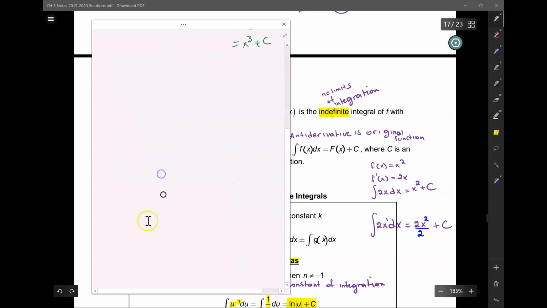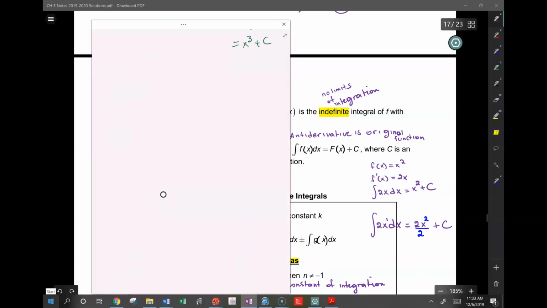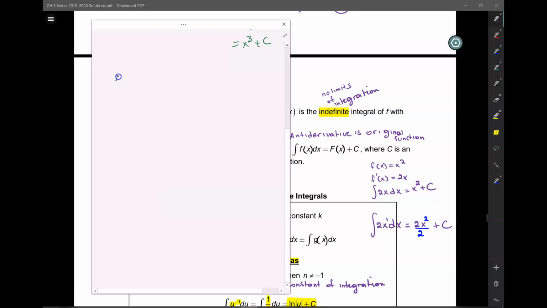All right. So we said, if f of x is equal to x squared, f prime of x is equal to 2x. Yes? What does that mean? What's f prime anyway? It's the slope of this, right?